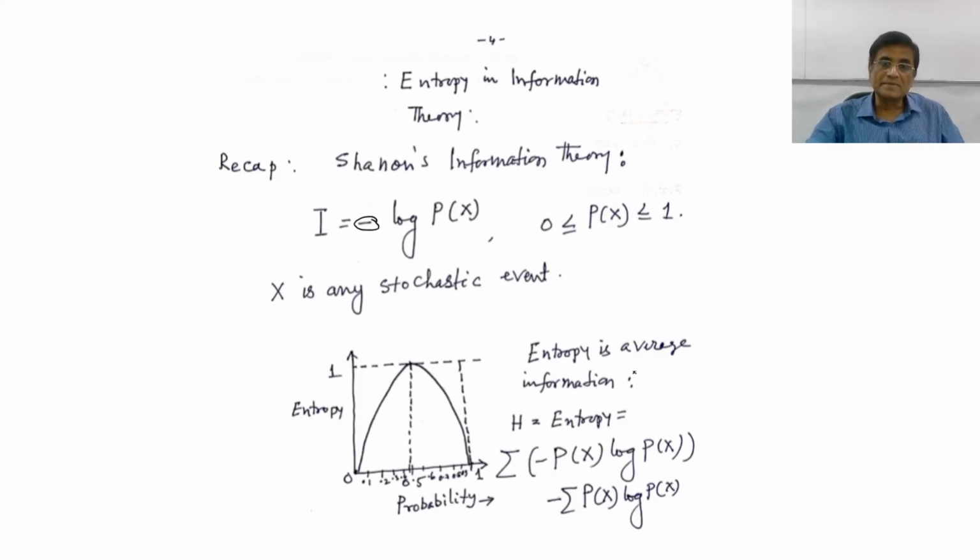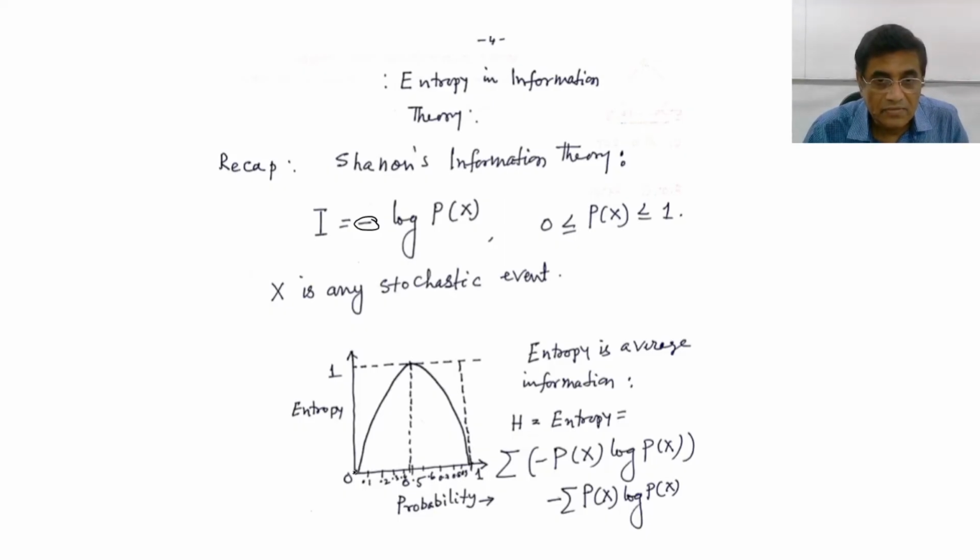This entropy is different from thermodynamic entropy. Conceptually there are similarities, but they are entirely different. We can talk about that. But here, this is the behavior if I make a plot of entropy versus probability. You will see that if the probability of x, which is a stochastic event, is 0, then entropy is 0, which means there is no useful information.